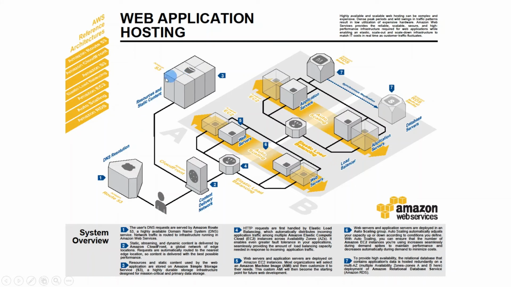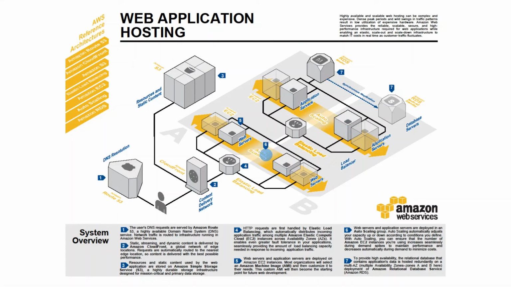Then the resources and static content are served by Amazon S3. Then we have elastic load balancing, which balances the load across the EC2 instances. The web servers are hosted on multiple EC2 instances. Even the application servers here are running on EC2 instances.